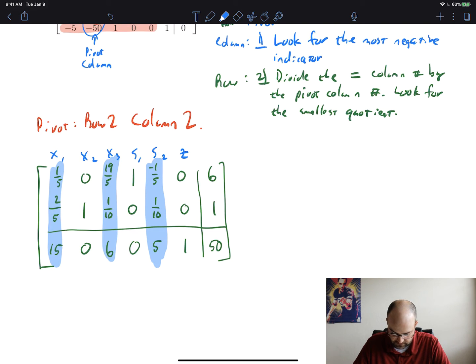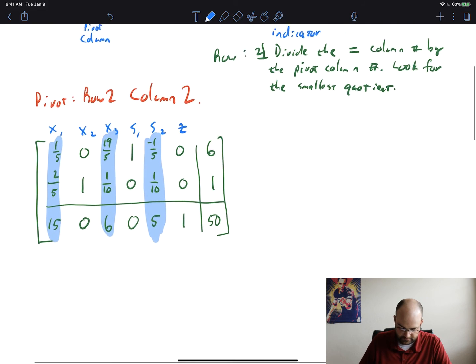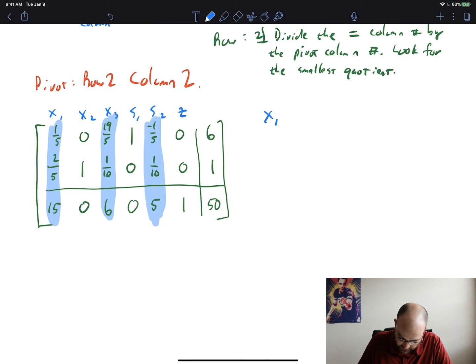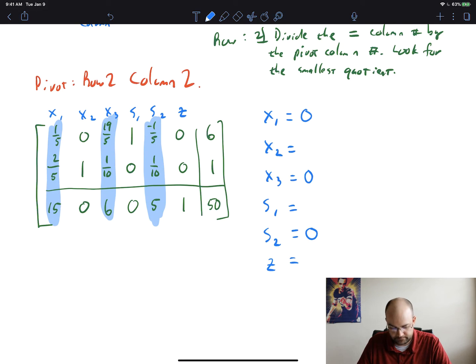Okay, good deal. Notice what's happened. If I write down x1, x2, x3, s1, s2, and z out of all this, x1, x3, and s2 are all zeros. Now, if you look here, x2 has a 1 right here, and the stuff that's not highlighted is all zeros left over here.